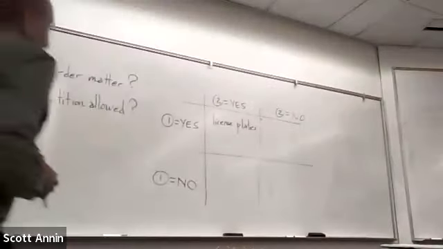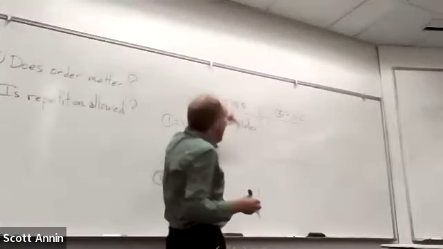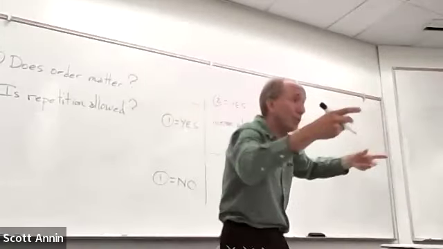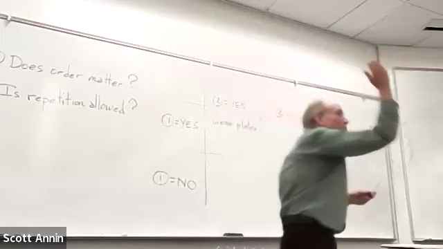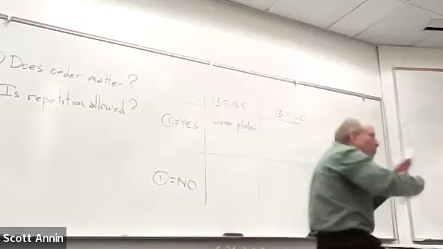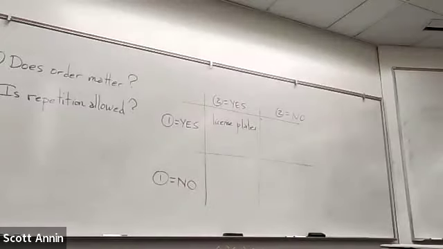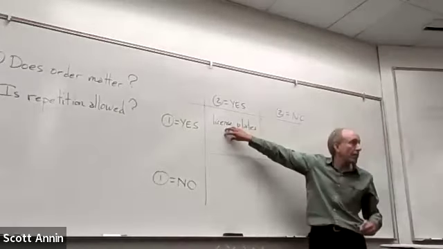But you may, over the course of time, add other things to your list, like the students choosing faculty advisors. Which student chose which advisor, that matters. So the order matters, and the same advisor can be chosen more than once. Repetition is allowed. So you might think of that as also fitting into this category, and that's fine.